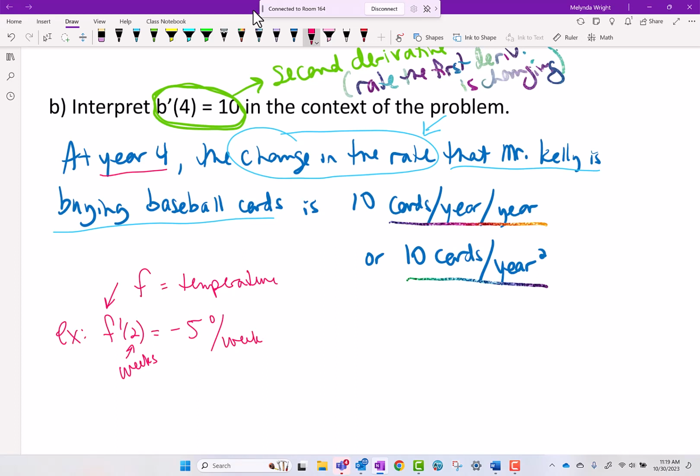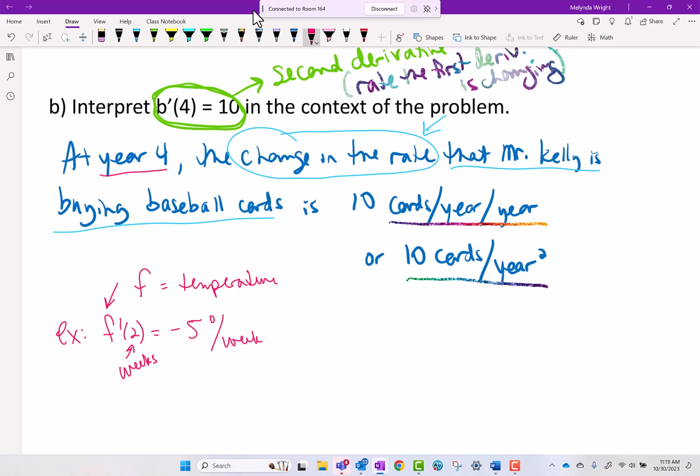If I said that temperature is decreasing at -5 degrees per week, would that be okay? That is not okay. Saying decreasing and a negative rate, that's kind of like a double negative in English. Don't they get mad at you for that? Like, no double negatives. So that's why it would be beneficial to use the word change instead of increasing or decreasing. I'm just saying it will make your life easier.